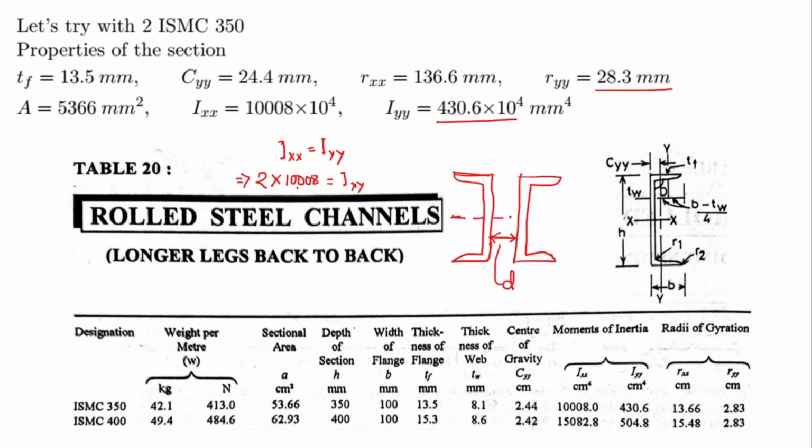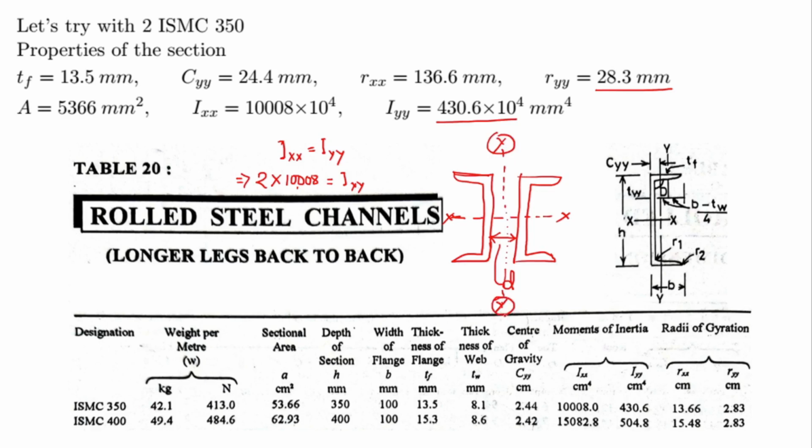This is the x-axis and this will be the yy axis of the column. If you see the x-axis for the whole column section, it is the same as the x-axis of the individual channel section. In case of the yy axis, this is the yy axis for the whole column system.